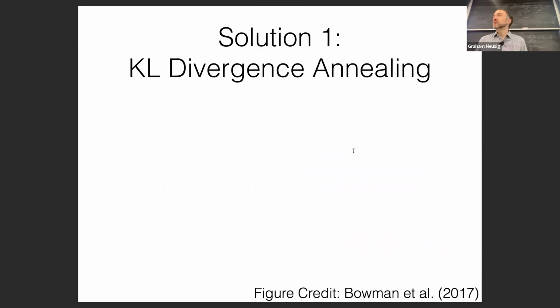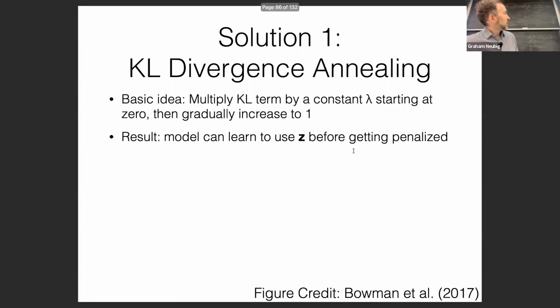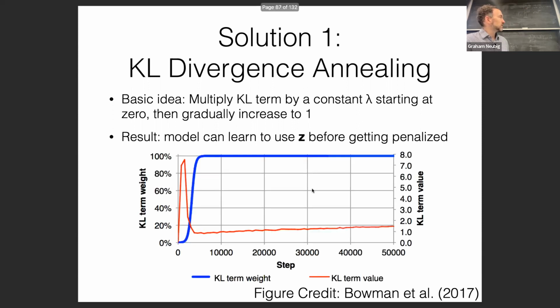So there's a bunch of little tricks that people use to fix this problem. One is KL divergence annealing, and the idea is multiplying the KL term by a constant lambda starting at 0 and then gradually increasing to 1. And the result is that the model can learn to use Z before getting penalized. So this KL term weight starts out at 0, and then they anneal it to 1, and then train just with the KL divergence term at 1.